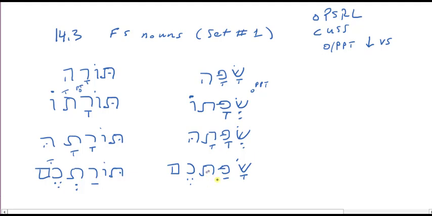And because this is closed, I get a silent shava, safat chem. Because this is closed and unaccented, because the stress is on chem, I don't need to lengthen it like I did over here. But this is still open and propertonic, so it's got to reduce to a vocal shava. All right, so sifat chem, y'all's one lip. Y'all have one lip, sifat chem.